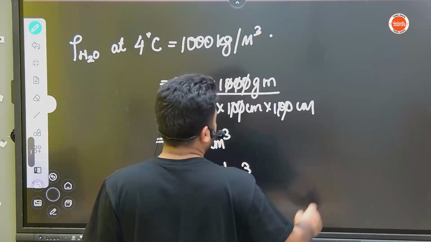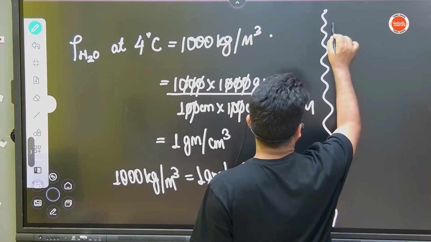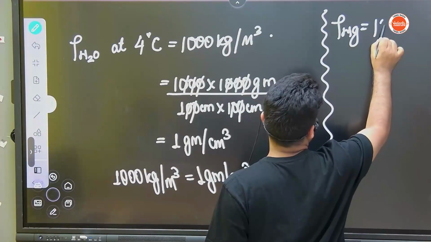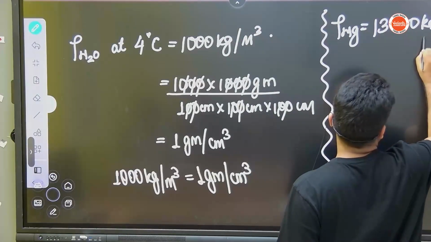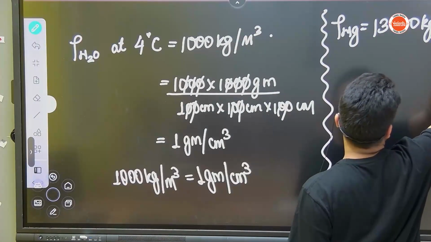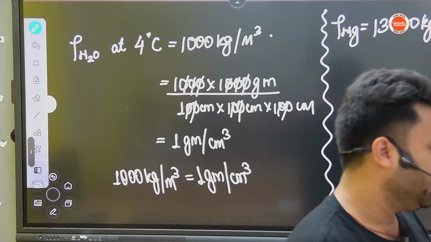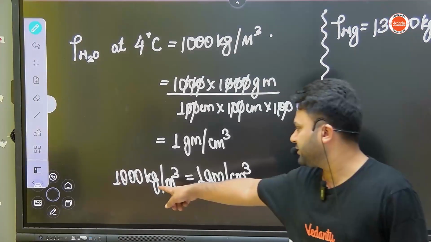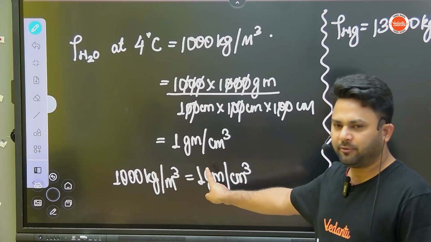Some more density values you should remember. The density of mercury is 13600 kg per meter cube. Again I am saying, if they ask for a conversion from kg per meter cube to gram per centimeter cube, like the density of water, 1000 kg, how much comes in gram per centimeter cube? 1.